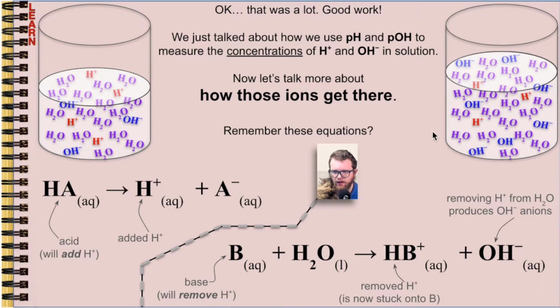A base over here has more OH minus ions than it has H plus ions, so it is a basic solution. And we have whatever the base was plus water. The base is going to remove an H plus. It pulls one of the H's off the water and sticks it onto the base, giving us an additional OH minus anion.